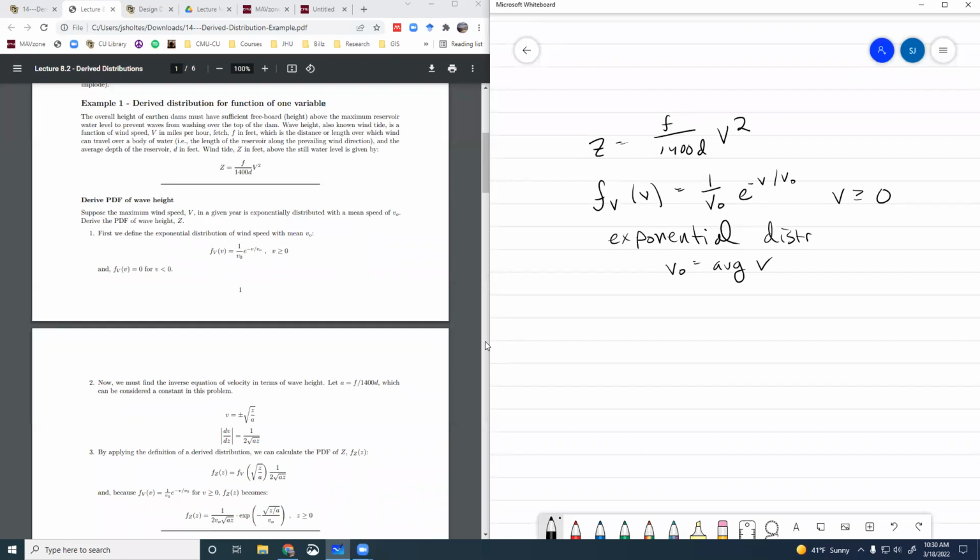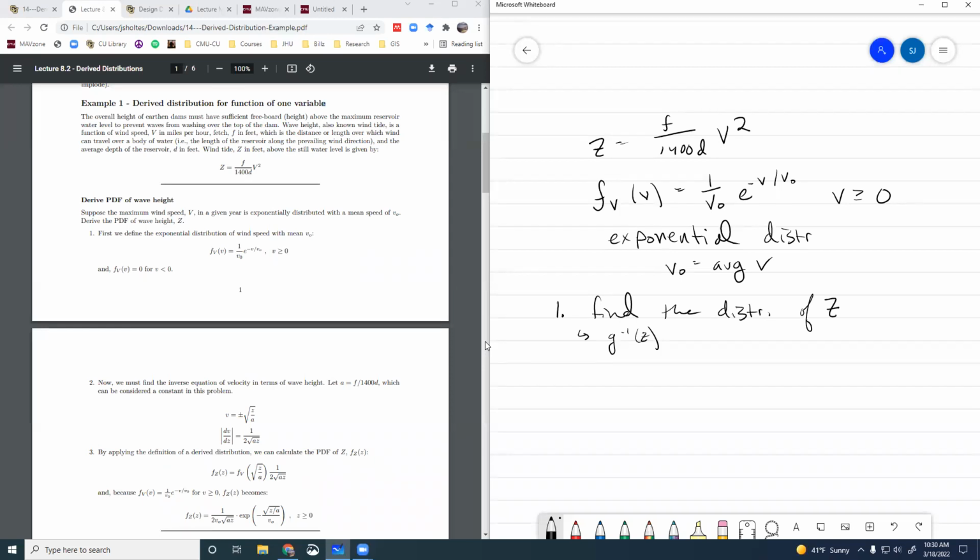So the first step is we need to find, okay, what are we doing here? We're going to find ultimately the distribution of Z. But first we need to find the inverse function of Z. So we can do that.